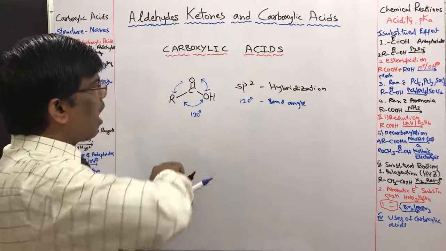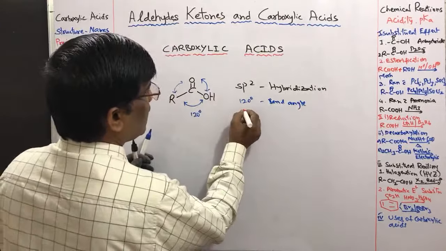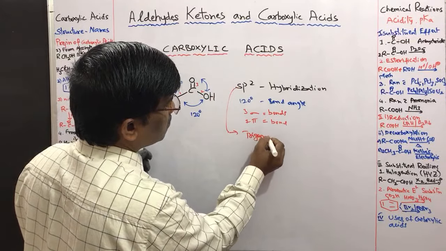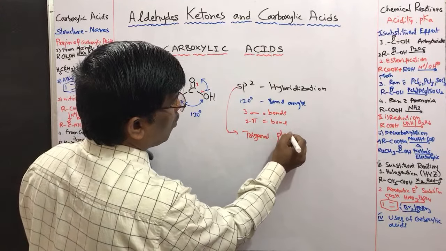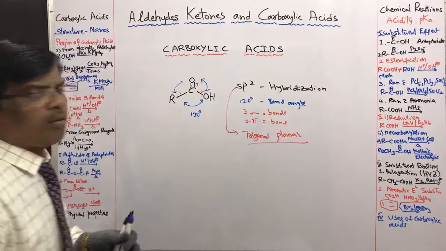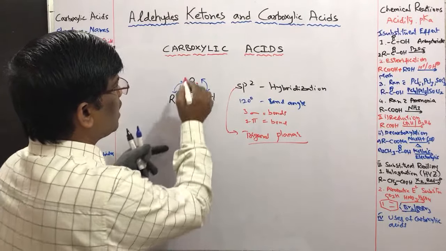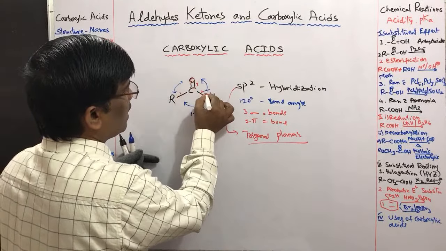It has 3 sigma bonds and 1 pi bond. When it comes to the shape, it is sp2, so trigonal planar or coplanar. So it is a planar molecule, and the carbon is attached to a carbonyl oxygen and a hydroxy group.